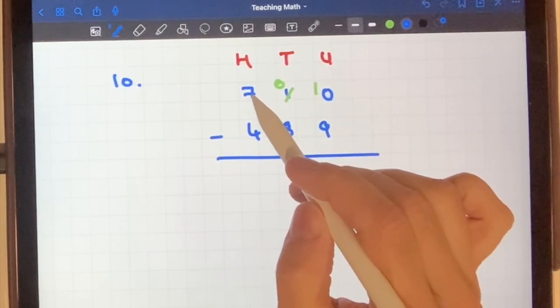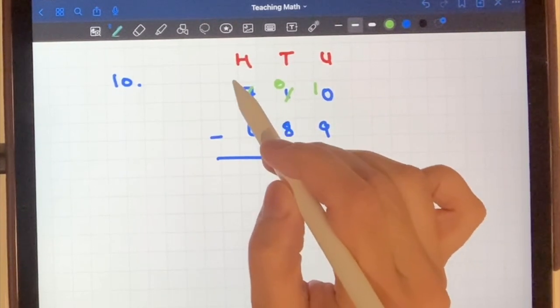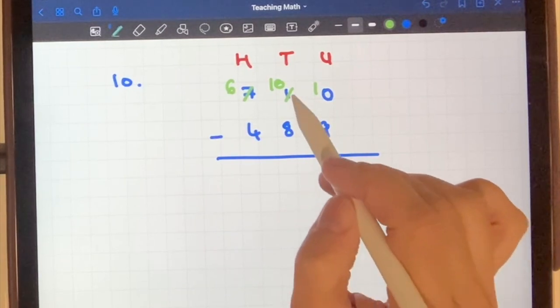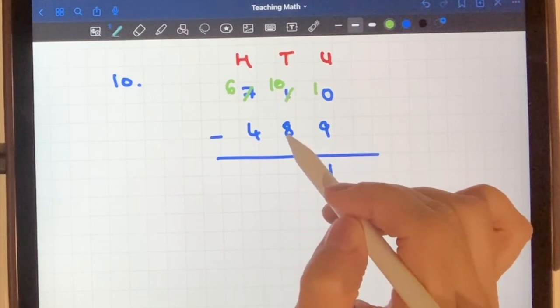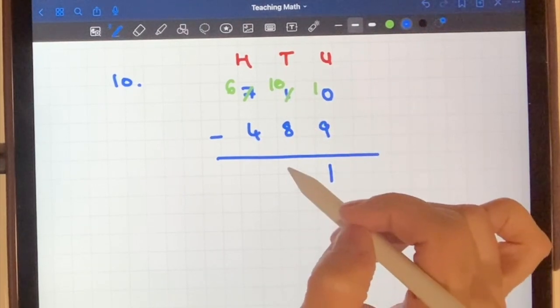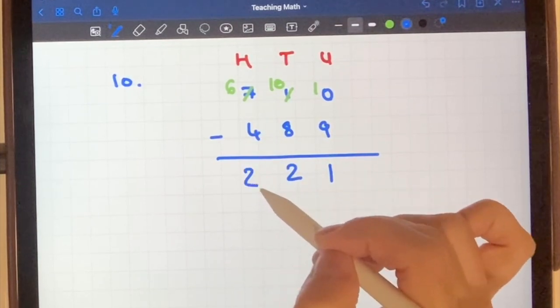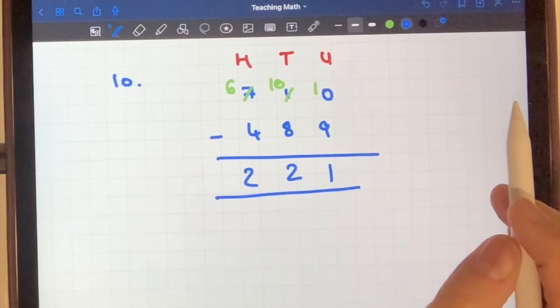Because next door is a 7. I can borrow, so that becomes a 6. And there's the 1 that I've borrowed. So now this is a 10. 10 minus 8 is 2. And 6 minus 4 is 2. So the answer is 221.